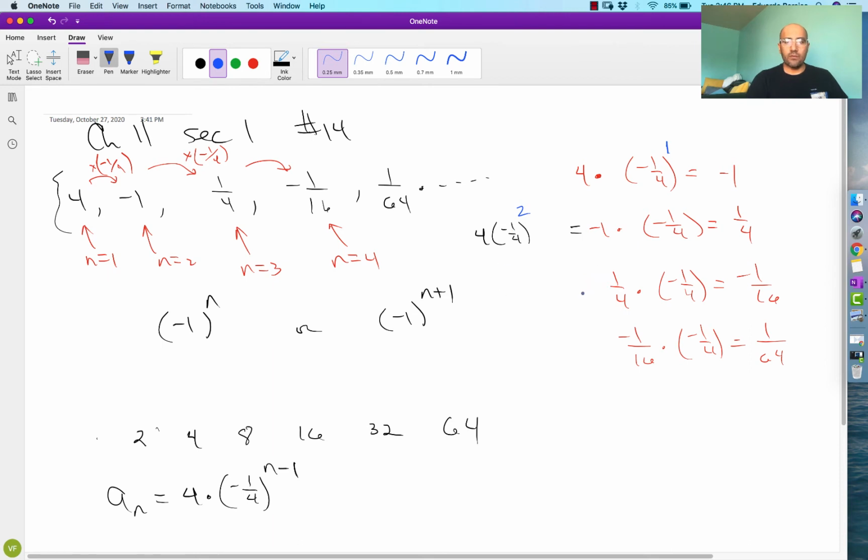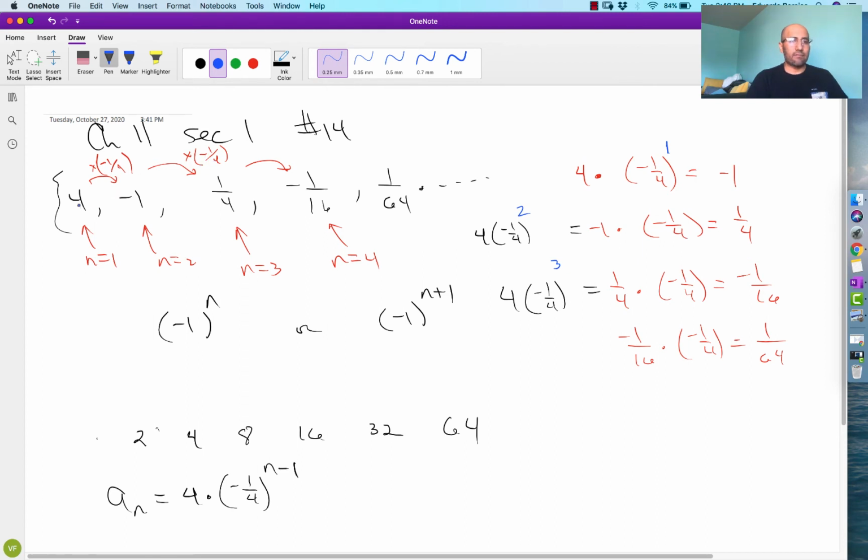And then this one is the same thing as 4 times negative 1/4 to the power of 2. To go from here to here, we multiply by negative 1/4. And then to go from here to here, we again multiply by negative 1/4.